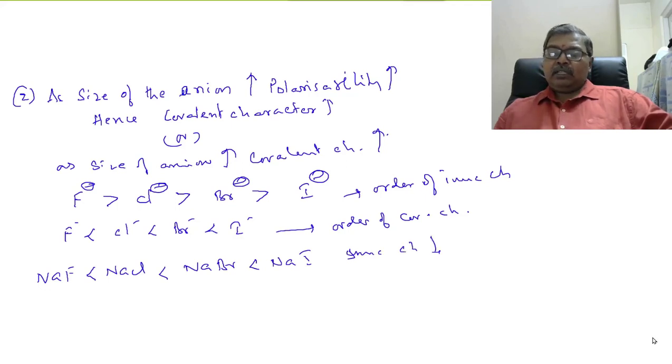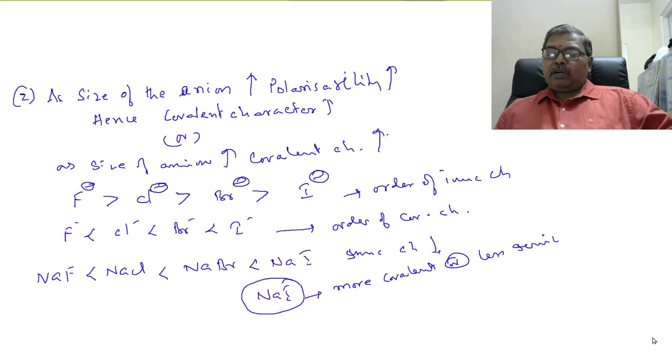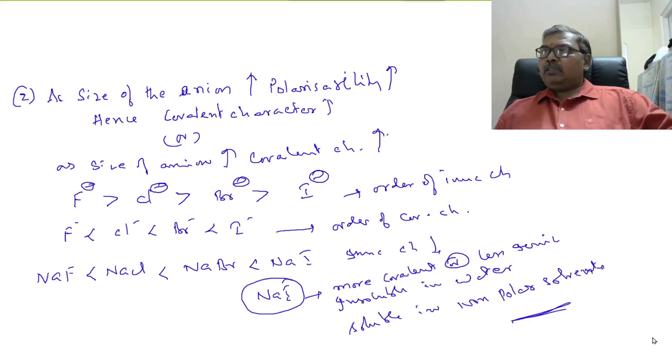So therefore, NaI, the last compound, is more covalent, or you can say less ionic. So that is why it is insoluble in water and readily soluble in non-polar solvents. Okay. So this is second point.